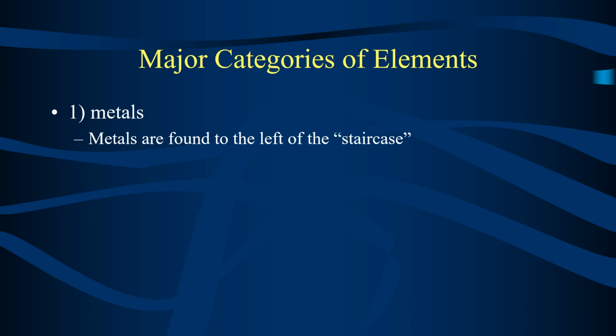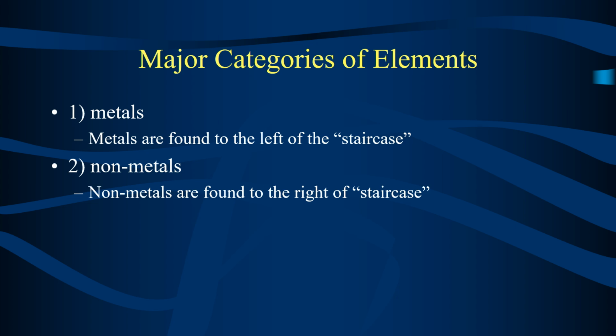When we locate these on the periodic table, that bold line that I highlighted yesterday, the staircase, it kind of looks like a staircase. Everything to the left side of that staircase is considered to be a metal. The non-metals is the second main category, and that's going to be everything to the right side of that bolded staircase.